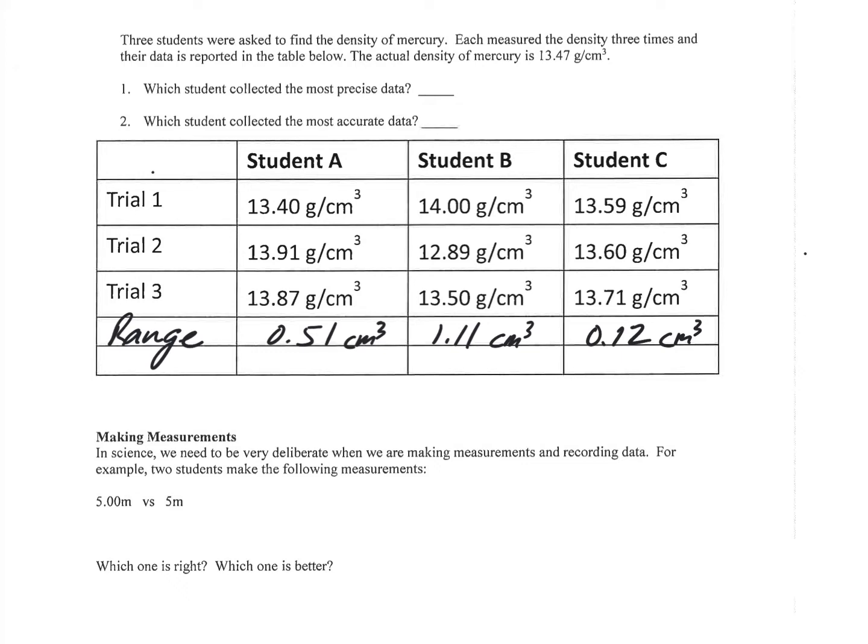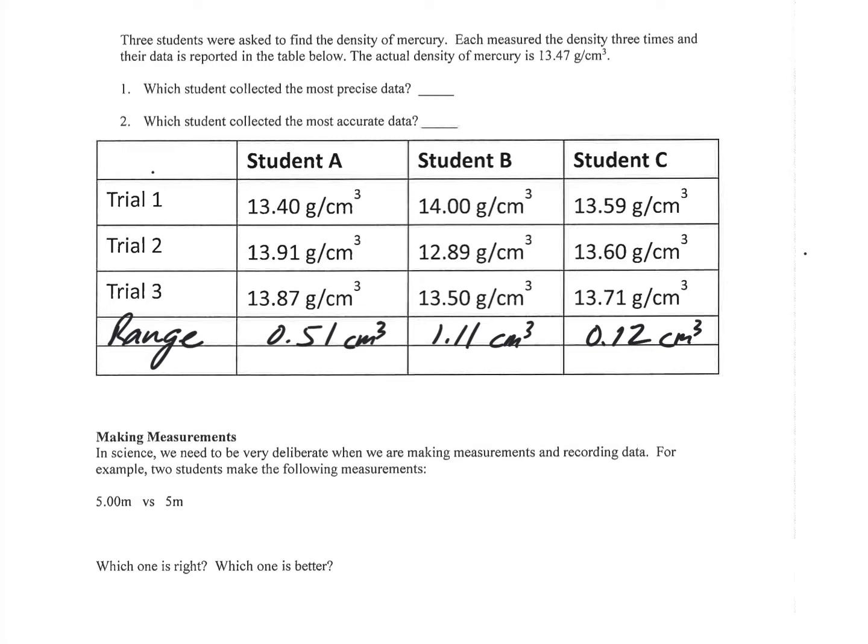That's the range for student A. The range for student B, I got a range of 1.11 cubic centimeters. And then for student C, taking the largest number minus the smallest number and finding the range, which was 0.12 cubic centimeters.